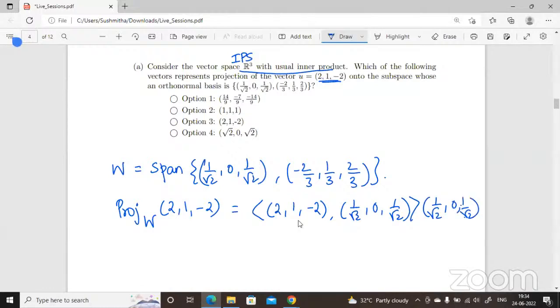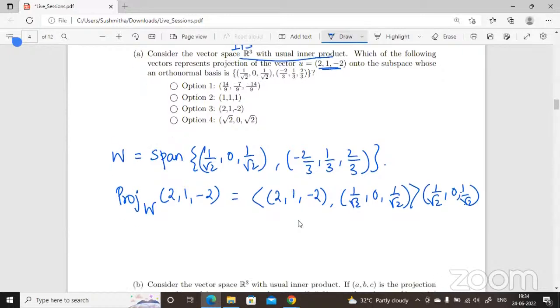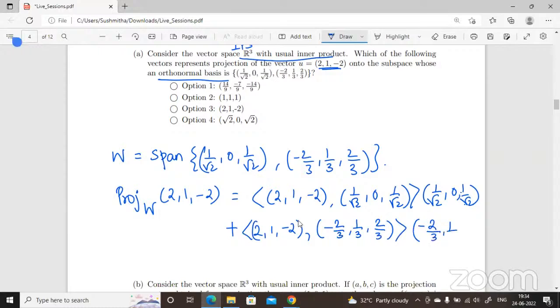Divided by the norm? No, it's already orthonormal, so the norm is 1. Plus the same vector, take the inner product with the other basis vector (-2/3, 1/3, 2/3), times that vector, that's all.